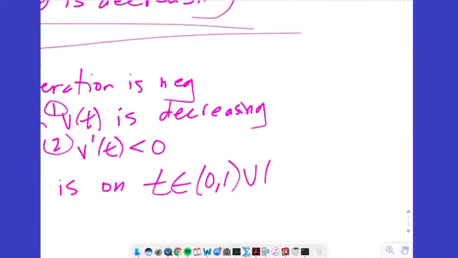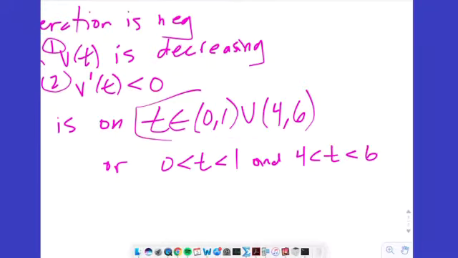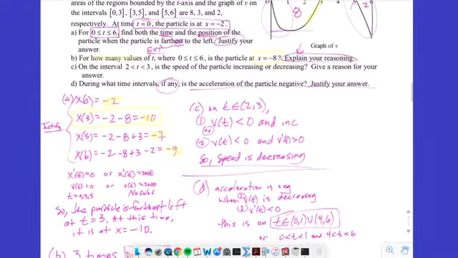Yeah, so union 4 to 6. You can do it like that. Or you could say, here's the other way, 0 less than t less than 1. And in this case, you would say and 4 less than t less than 6. So I'm a big fan of interval notation because it's a little bit faster. And again, there's no units, so you don't have to worry about putting seconds or anything like that.